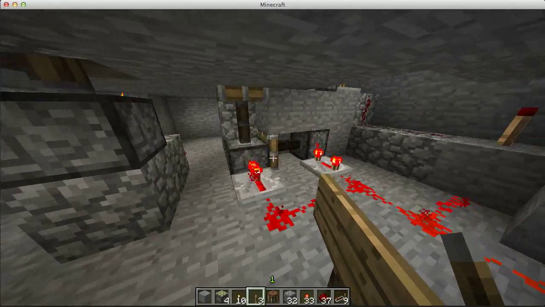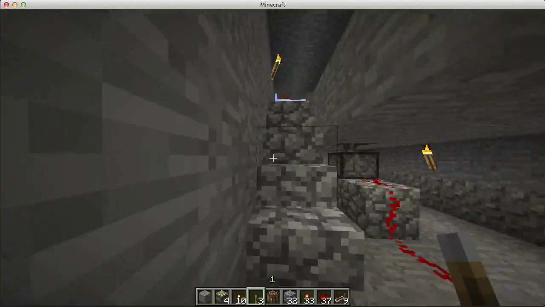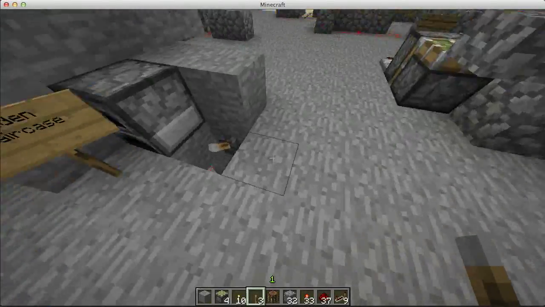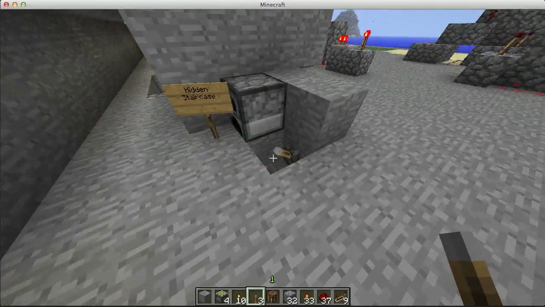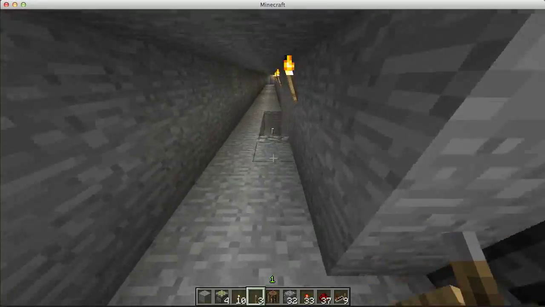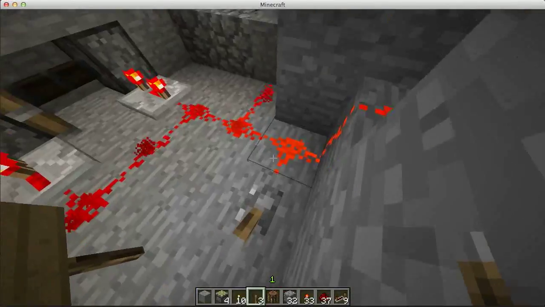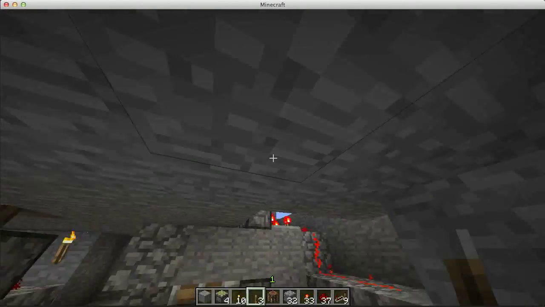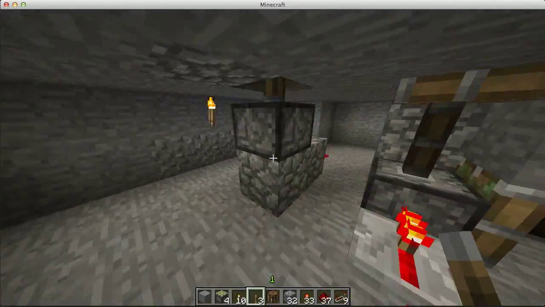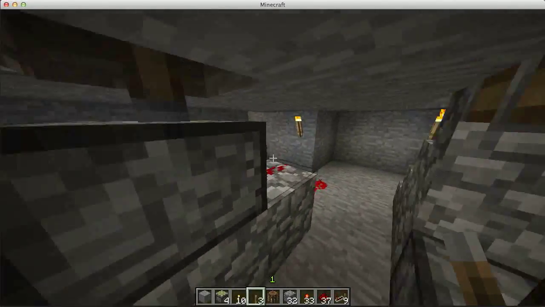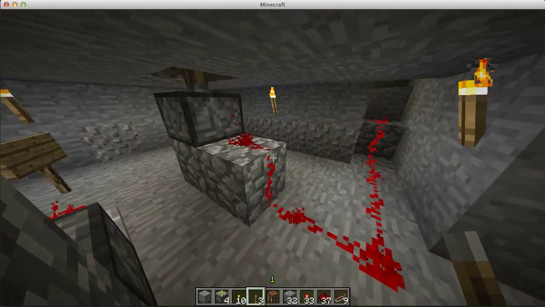When this piston gets pushed out, this charges the piston in the new position. A little bit of a lag. This is just the piston from the library upstairs.